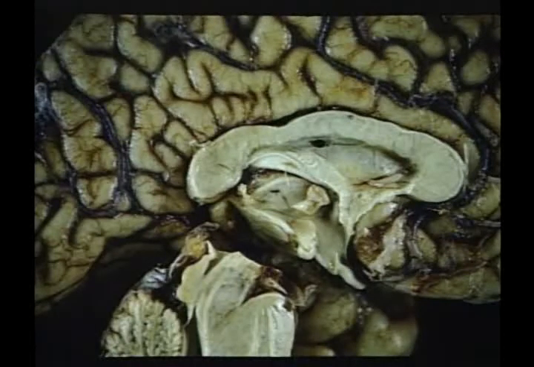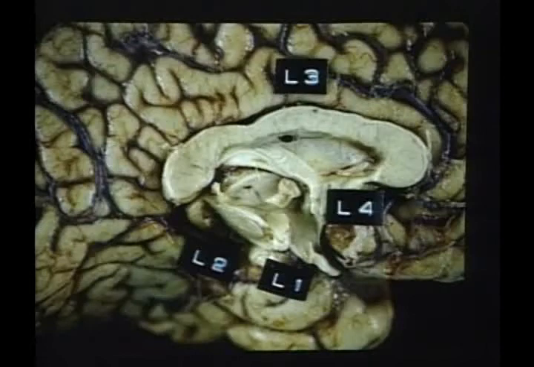When we remove the brainstem, as seen in the next picture, the labels point to major components of the limbic system. L1 is the amygdala, L2 is the hippocampus, L3 is the cingulate gyrus, and L4 includes the fornix and the mammillary bodies. These interconnected structures form the limbic lobe.